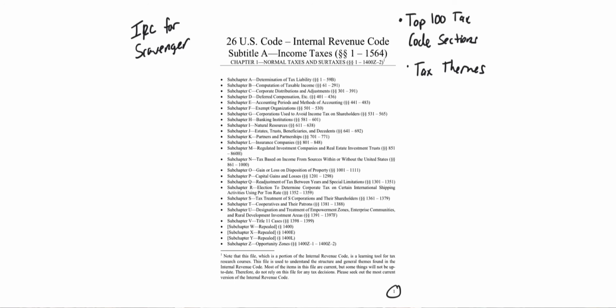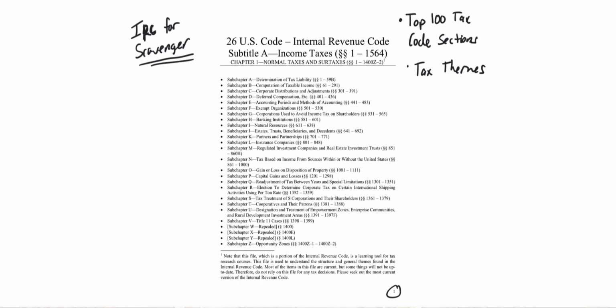Now, if you are in my tax research class, I provide you that Internal Revenue Code, that IRC, that you're actually going to use on your exam, that part of the exam where you're allowed to actually navigate the Internal Revenue Code to answer some scenarios, some fact patterns where I want you to maybe locate a code section or a subsection of a code section or a paragraph or subparagraph or clause or an exception, and provide the reference.